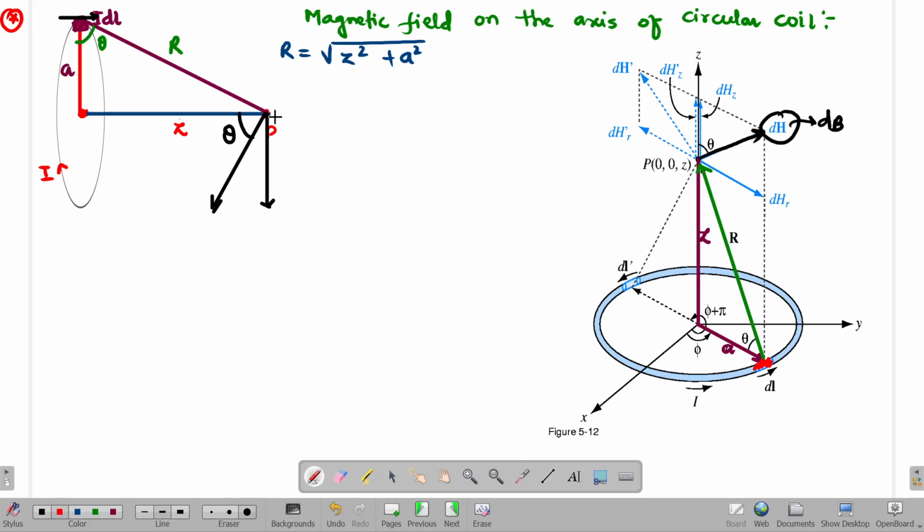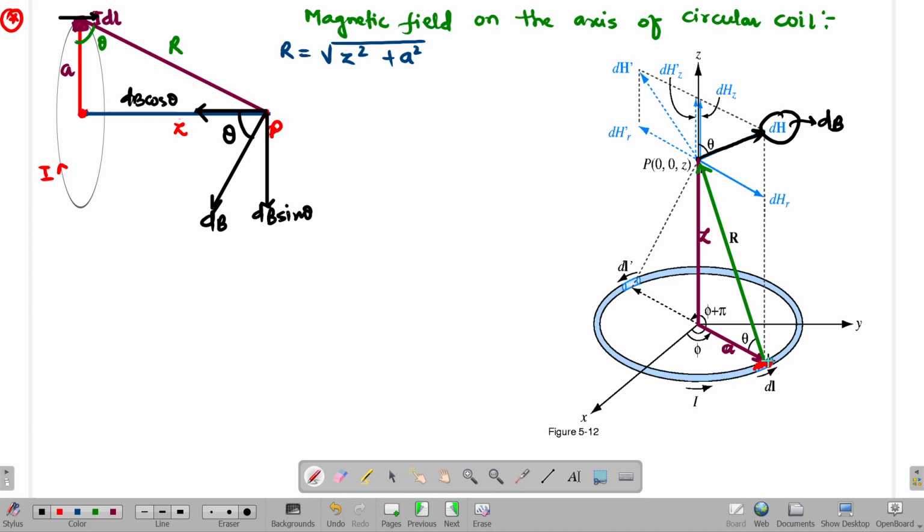So this is point P. So this is dB sin theta. This is dB, and this is dB cos theta. Clear or not?